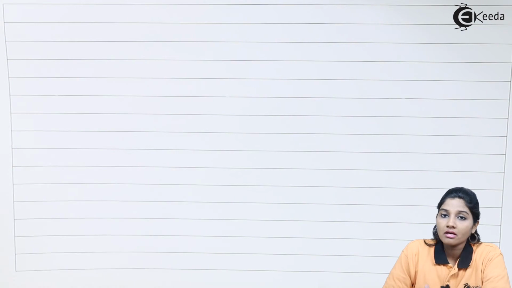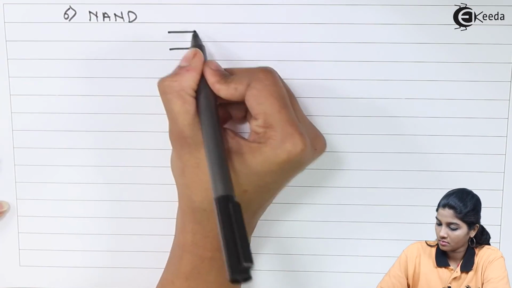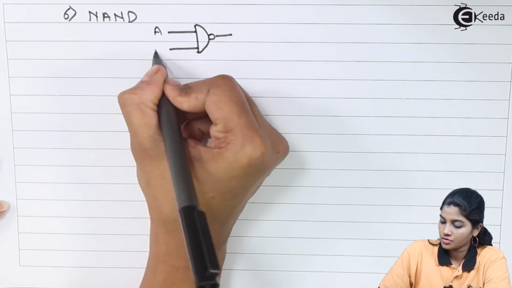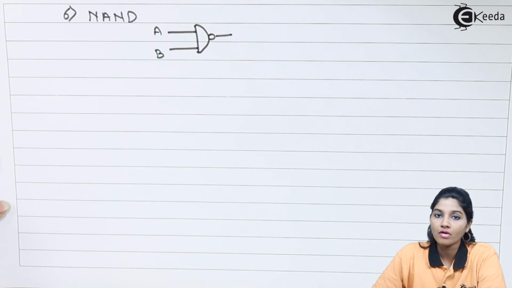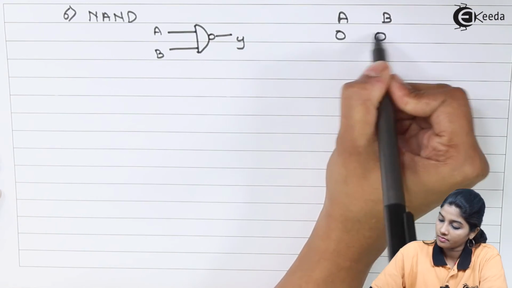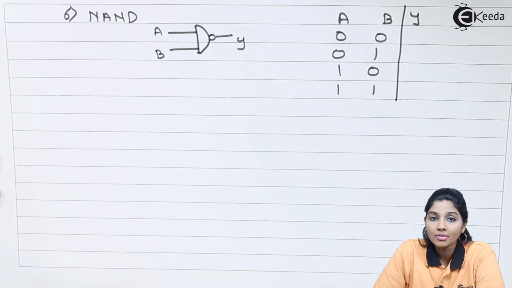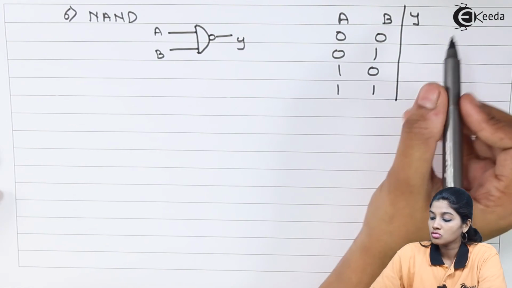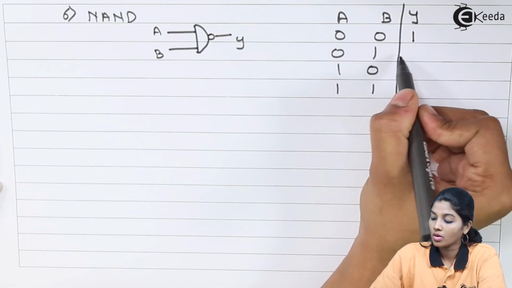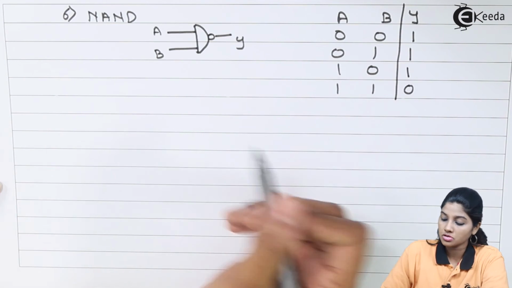The next two gates are NAND and NOR. As we know, NAND is the inverted version of the AND gate. So the truth table is now the complementary version of the AND gate. So 0, 0 becomes 1, 0, 1 becomes 1, 1, 0 becomes 1, and 1, 1 becomes 0.